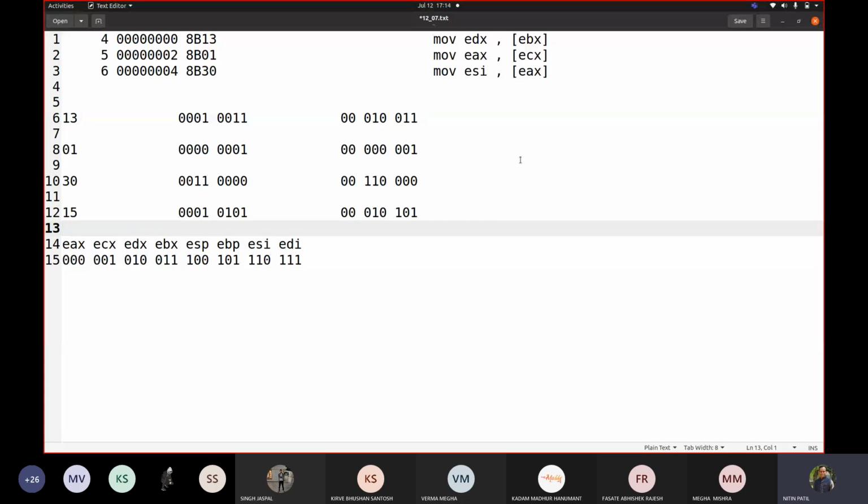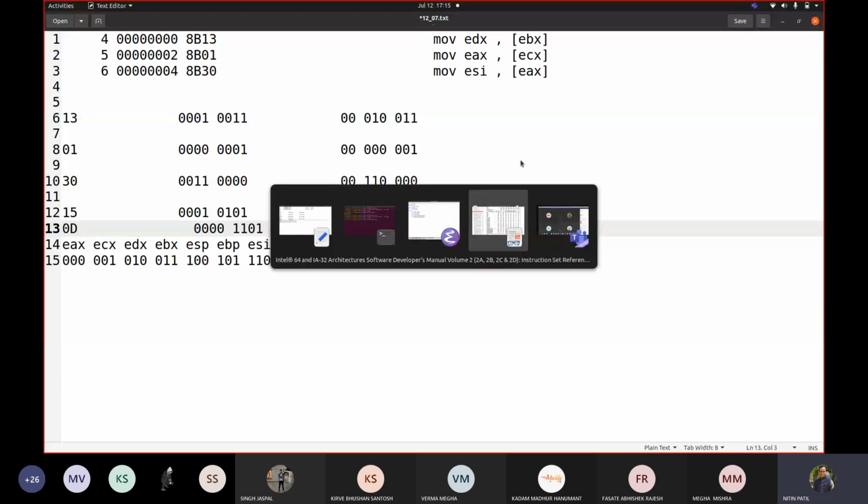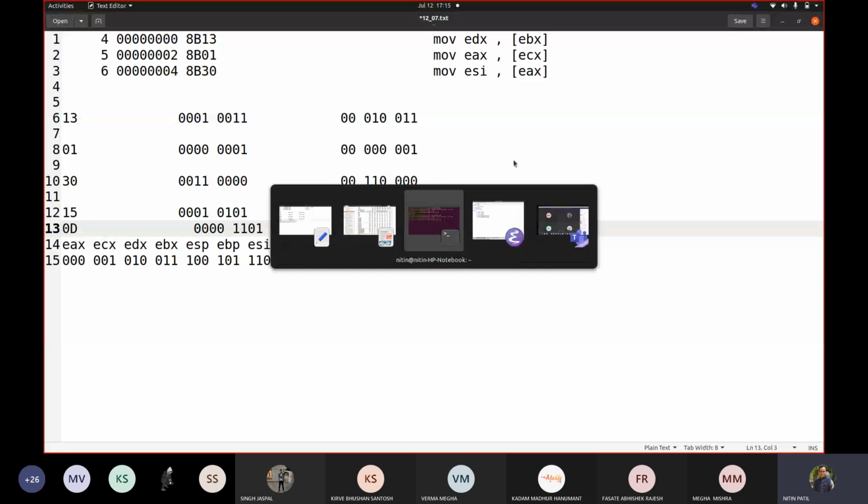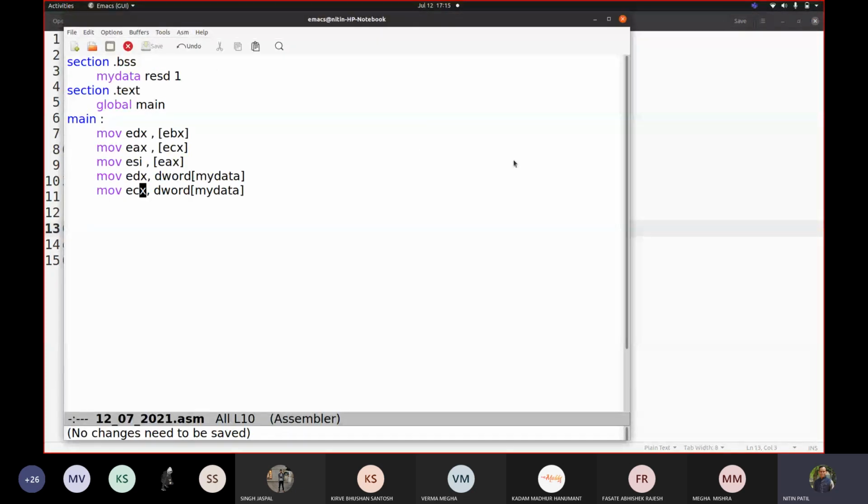If it is ECX, we have to find that number. 010 was for EDX, so what would be ECX? 00 001 101. So if I see now, 8 plus 4 is 12, 12 plus 1, 13, and 13 would be 0D. If I see the table, can you see 0D here? But let us see whether we are really getting 0D for this ECX.